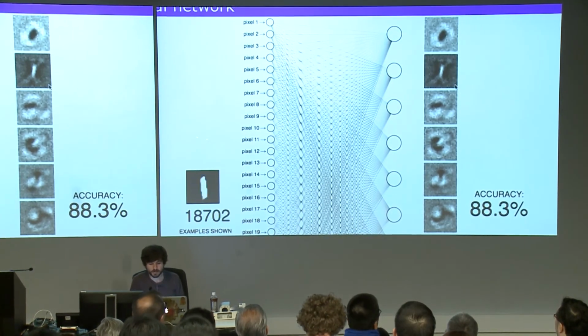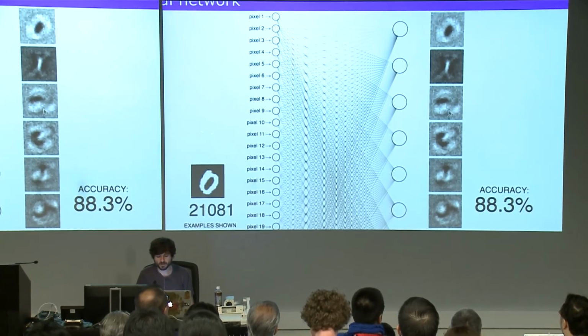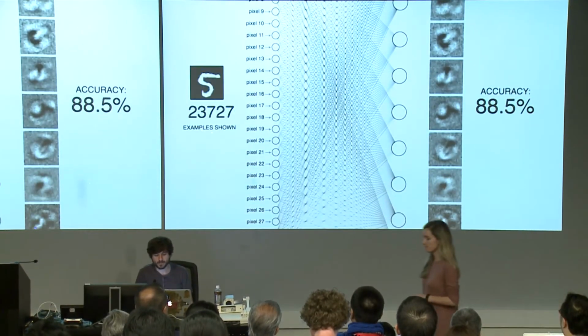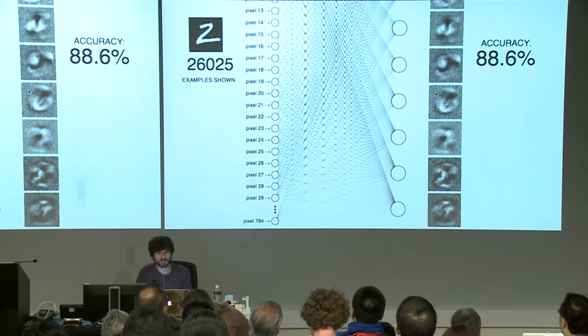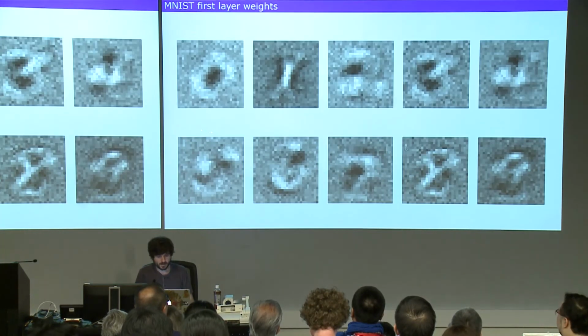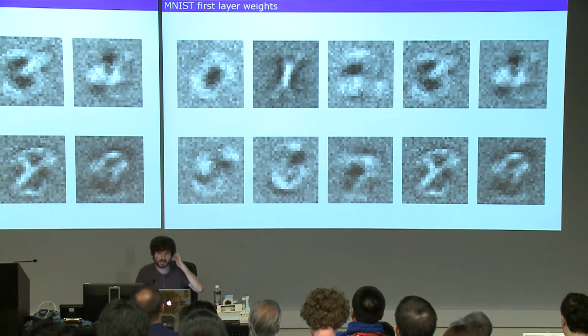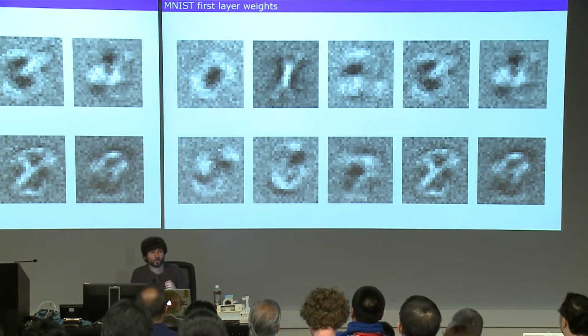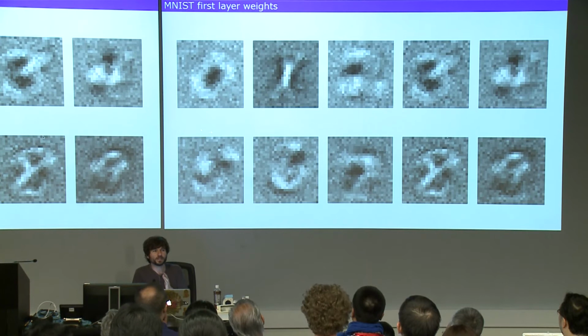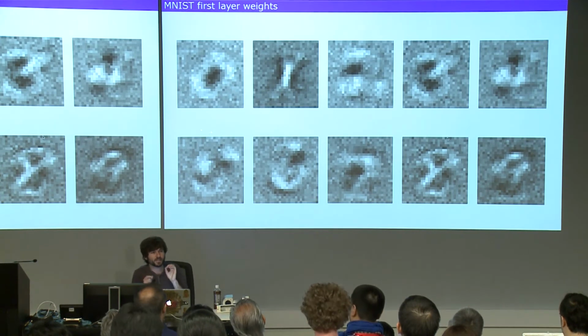This looks like a 1. This looks a bit like a 2. 3, 4, 5, 6, 7, 8, 9. You guys can kind of see those, right? And this is what they look like summarized. Now that's simple enough because it's a one-layer neural network where the input goes directly to the output, and so the only thing the network has the capacity to learn is each of the classes themselves, right?